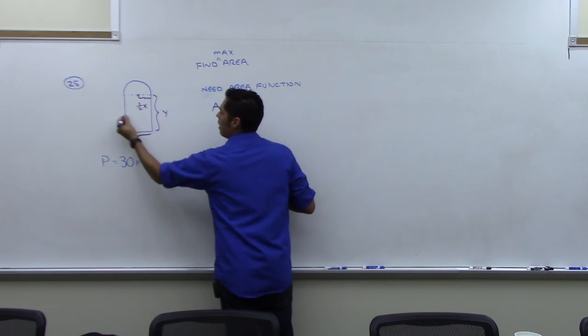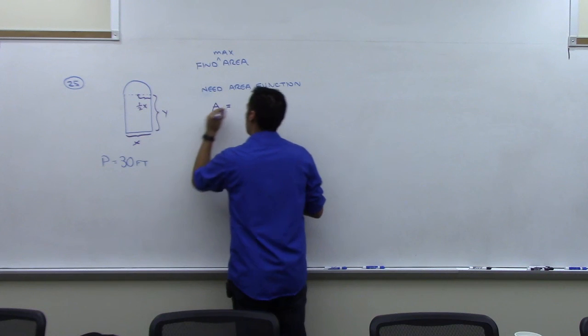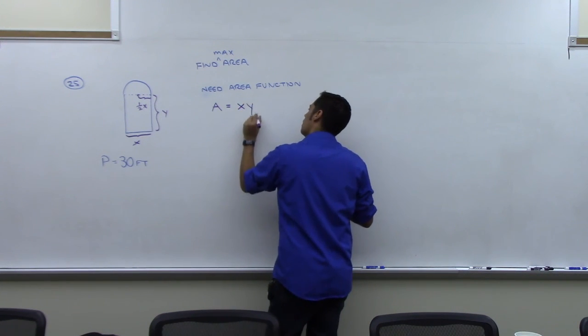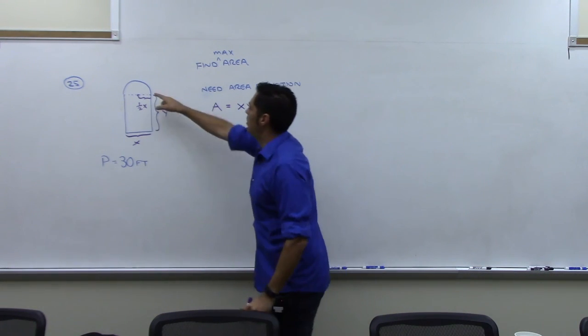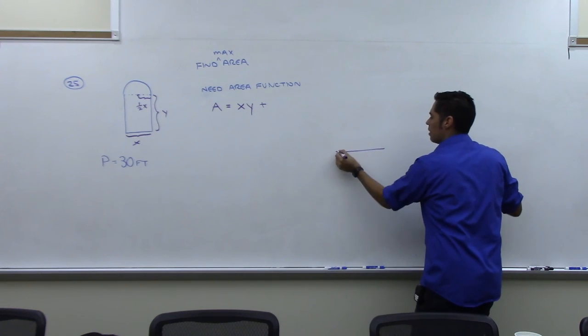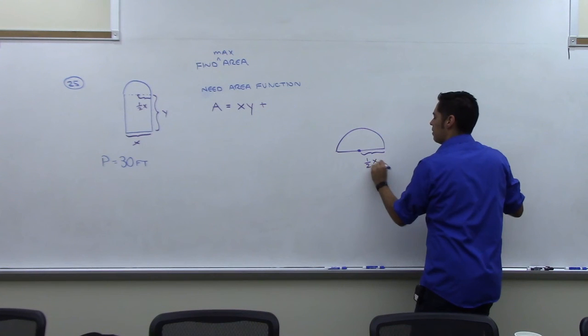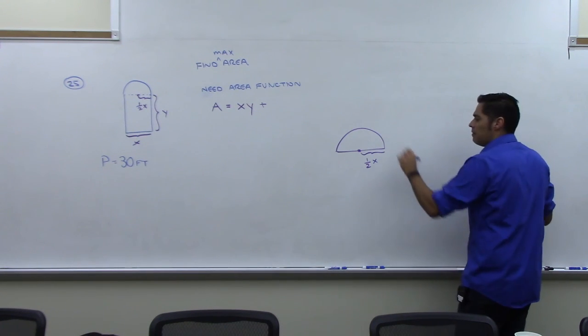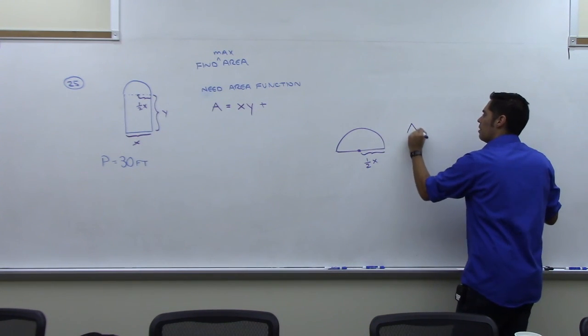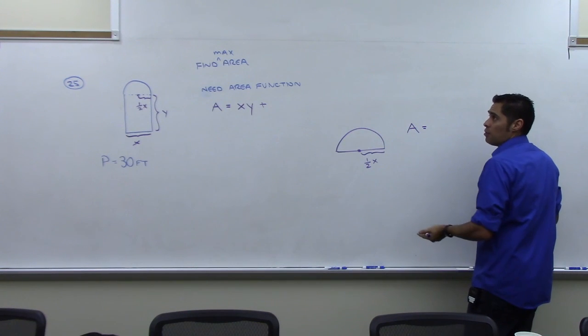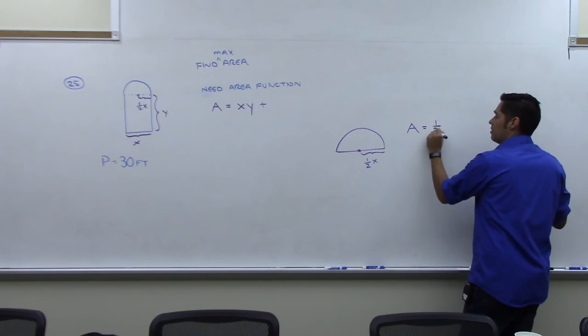should be the area of the rectangle, which is x times y, plus the area of this semicircle. So remember, the semicircle looks like this. The radius of this is half x. So the area of this little circle, we know the area of a full circle is pi r squared. So I'm going to take half of that because it's half a circle.